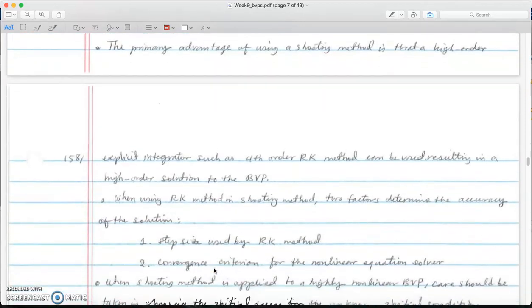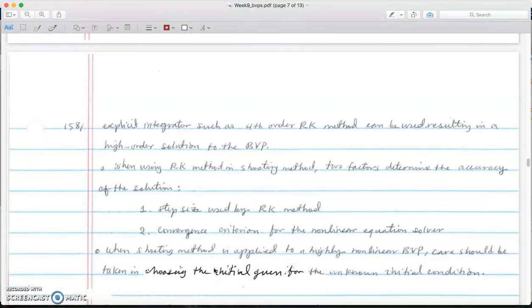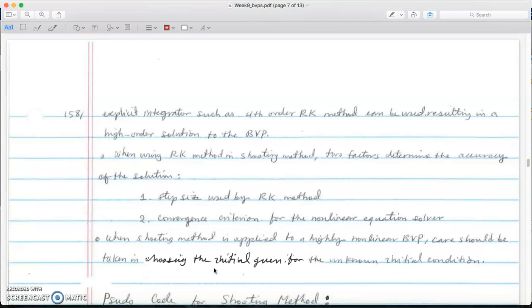Alright, so to do that, first we have to set up the step size for the differential equation solver, which could be RK2, RK4, or Adams-Moulton, or any method to solve the differential equation.